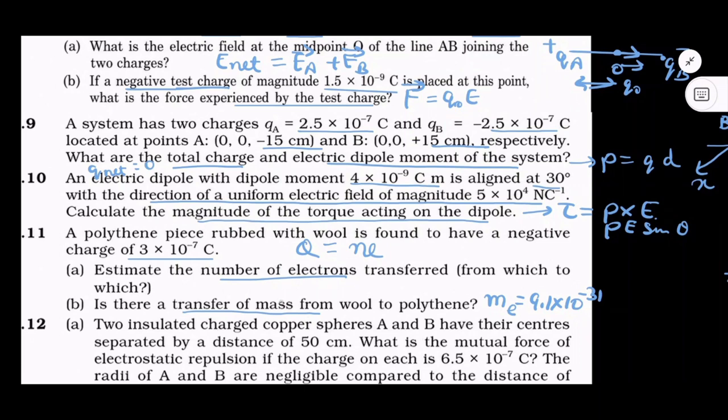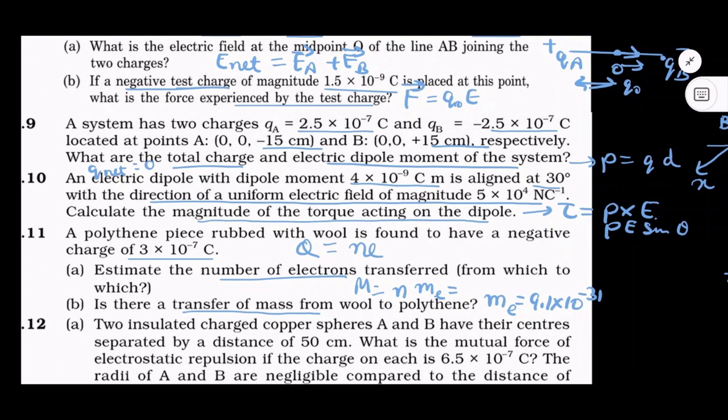To calculate the total mass transferred, we write m equals N, the number of electrons transferred, into the mass of one electron. So we can see that we'll get some amount of mass which is getting transferred. On calculating you can get the particular number.